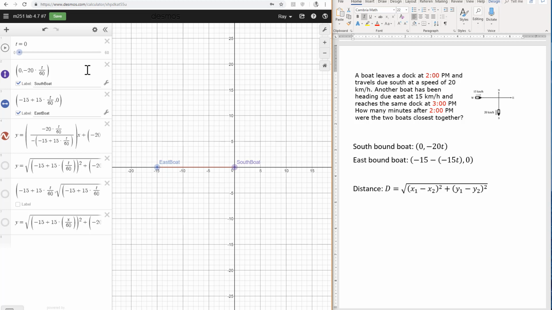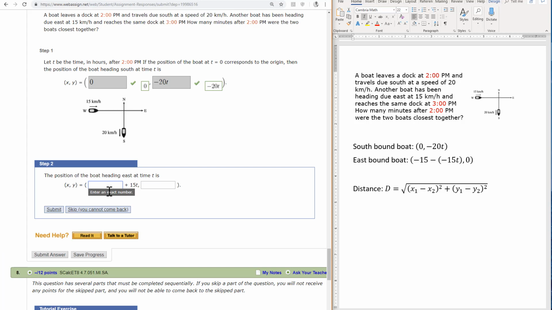And then it's going to move towards the dock, towards the origin, assuming the dock is the origin, by 15 kilometers per hour times t hours. So this starts off at negative 15, and it doesn't go up or down, it just remains on the x-axis, so it has a y-coordinate of 0.